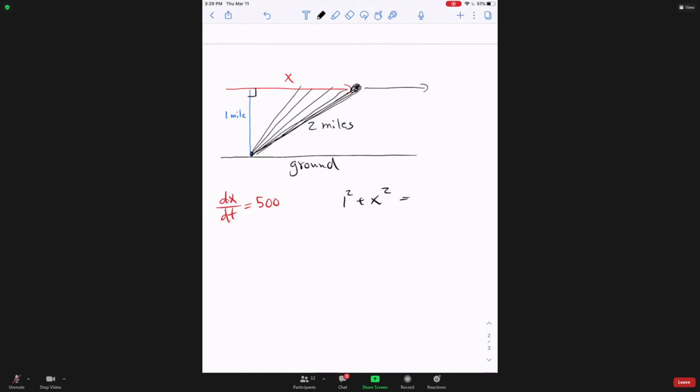So we're going to call it h squared. Now, when I go on the side, I say, all right, when h equals 2, what is x? So we'll figure that out later. So let's take the derivative here. So you get 0 plus 2x times dx over dt equals 2h times dh over dt.